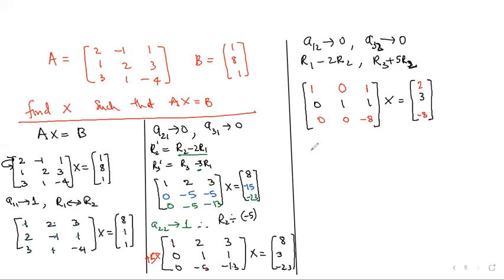Now what to do after this? Now you have to make A33 to 1. So R3 divided by minus 8.